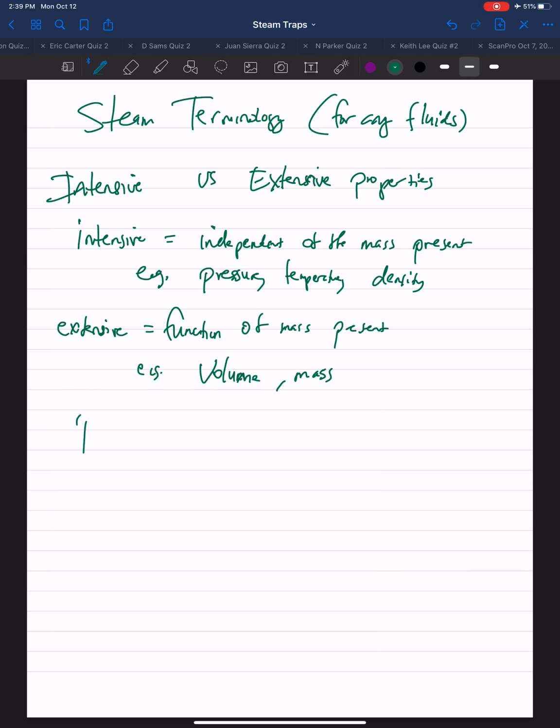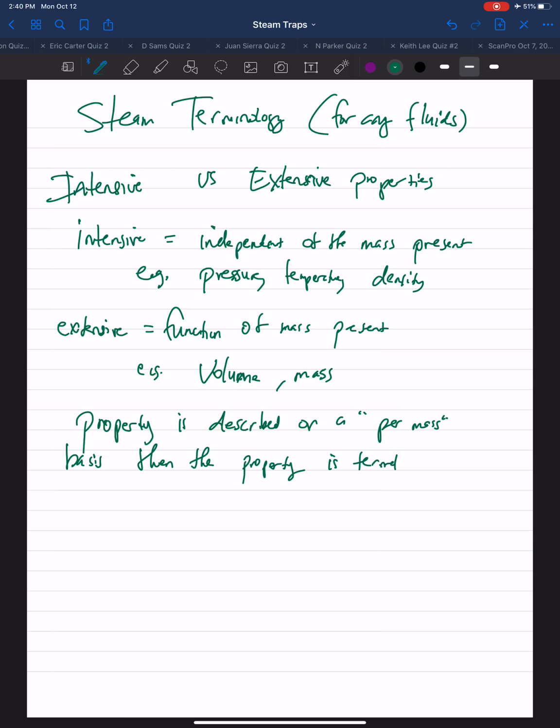And when a property is described on a per mass basis, then the property is preceded by the word specific.